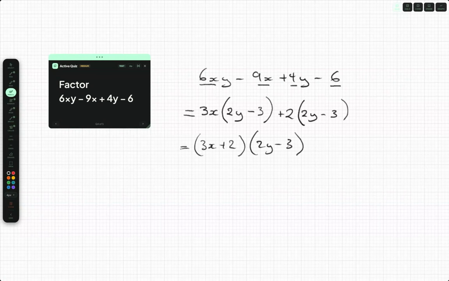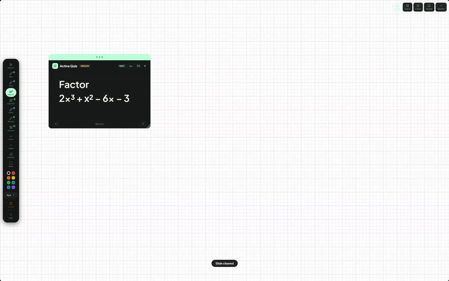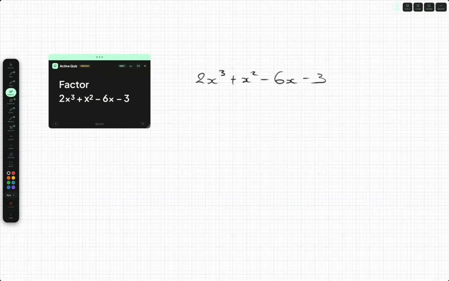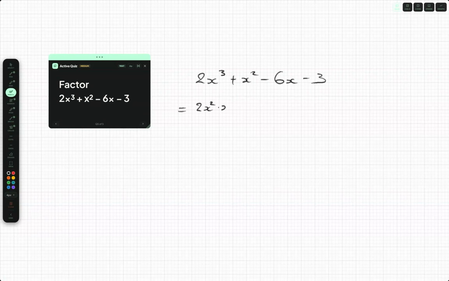Alright, here's our last one. 2x cubed plus x squared minus 6x minus 3. Again, we're going to be looking at our first two first. What do they have in common? Well, we can rewrite this as 2x squared multiplied by x plus x squared minus 6x minus 3.